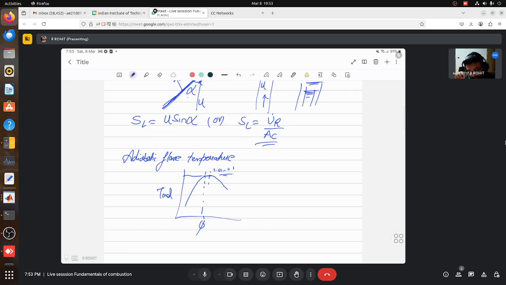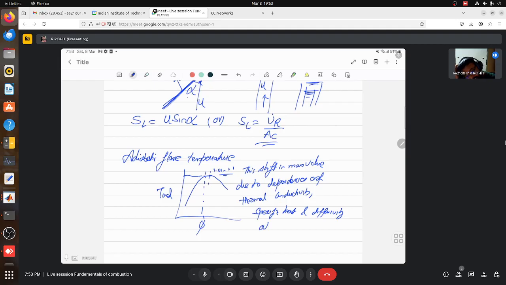So this shift in maximum value is due to the dependencies of thermal conductivity or your specific heat or diffusivity, because these all depend on the given temperature that you have.